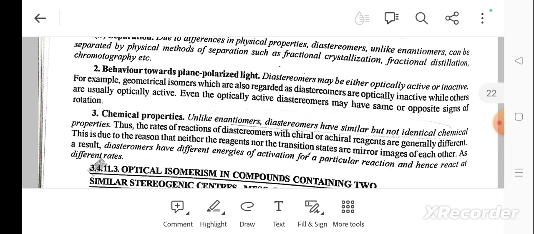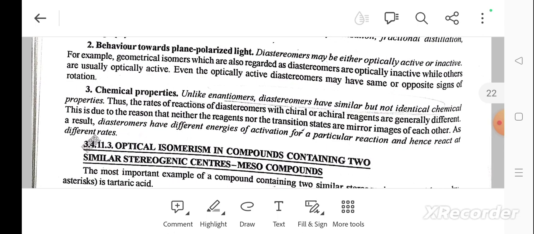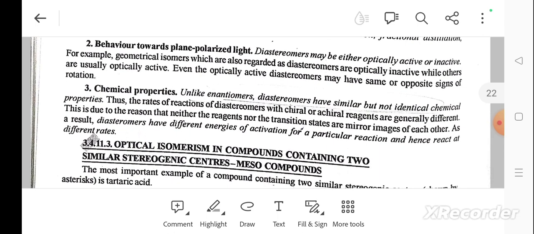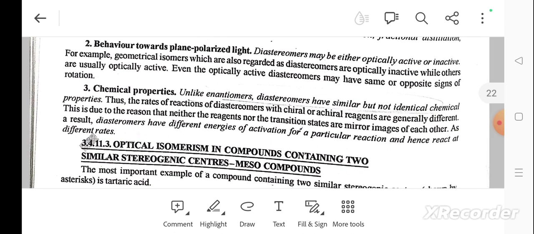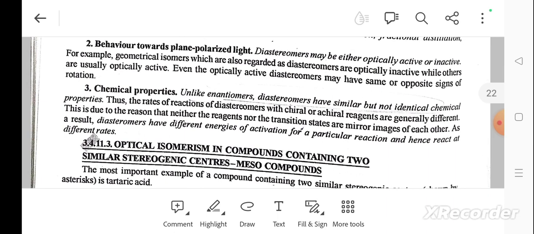Even the optically active diastereomers may have the same or opposite sign of rotation. Chemical properties. Unlike enantiomers, diastereomers have similar but not identical chemical properties, since the rates of reaction of these isomers with chiral and achiral reagents are generally different. This is due to the reason that neither the reactants nor the transition states are mirror images of each other.